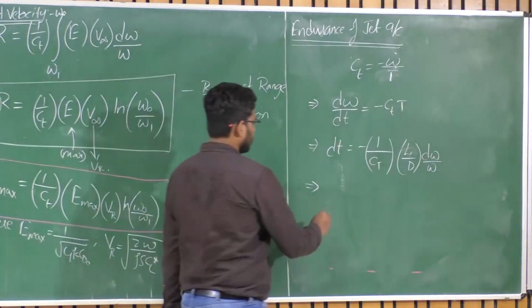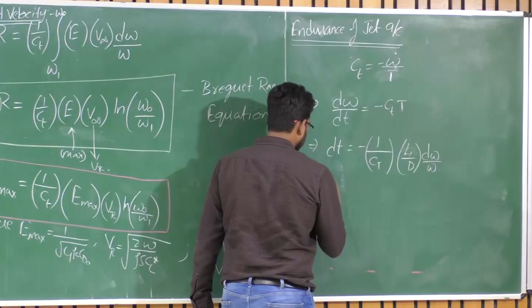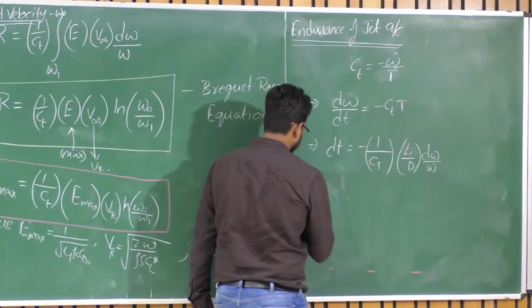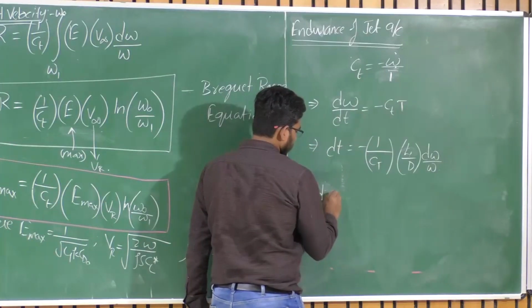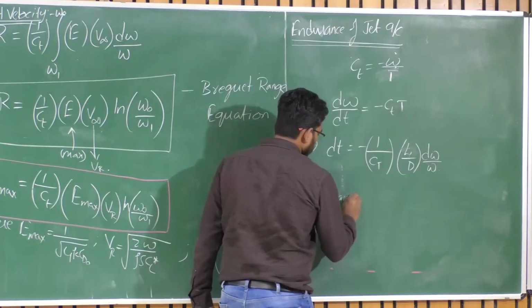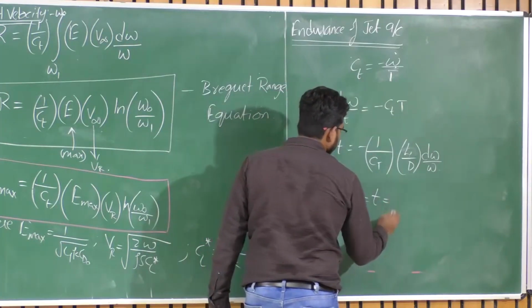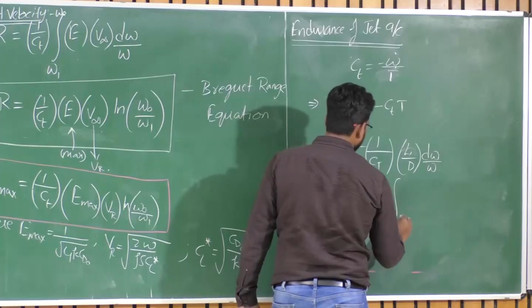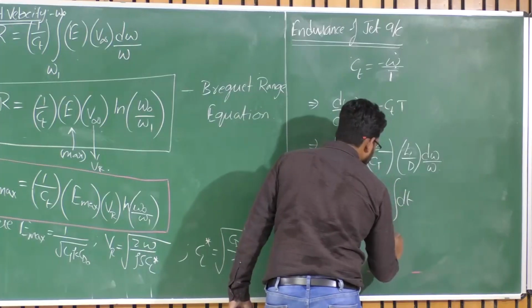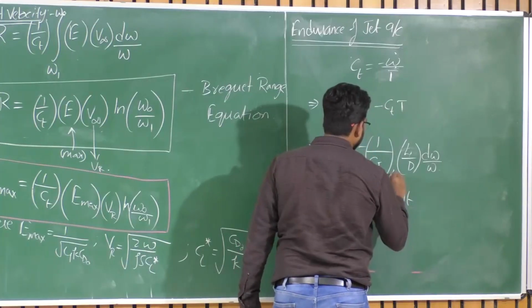So this is nothing but dt, or T, endurance. T is equal to endurance for a jet engine, which is the integral of dt from Ti to Tf.